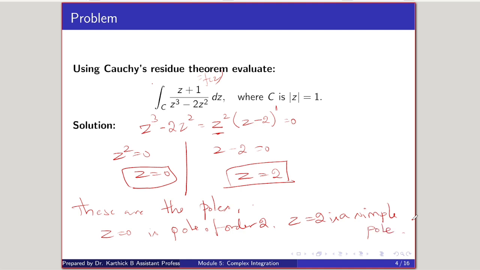Next, they have given the region, in which we have to check whether these poles lie inside the given curve or not. Here the given curve is mod z equal to 1 and we found the poles z equal to 0 and z equal to 2. So first we check the point z equal to 0.